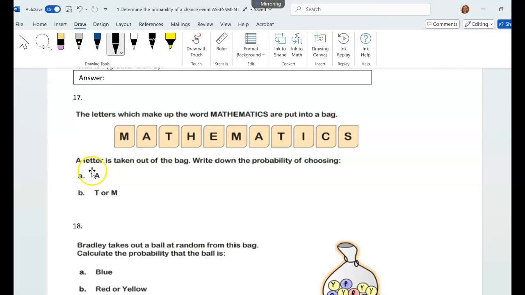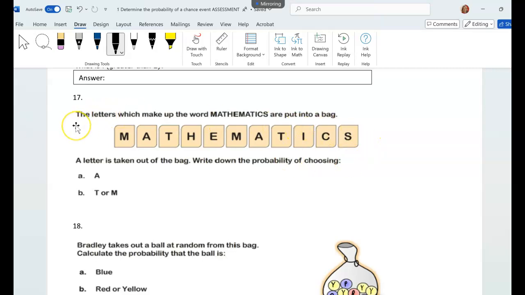A letter is taken out of the bag again. All the letters are put back in. A letter is taken out of the bag. Write down the probability of choosing T or M. So all of the letters are put back in the bag.